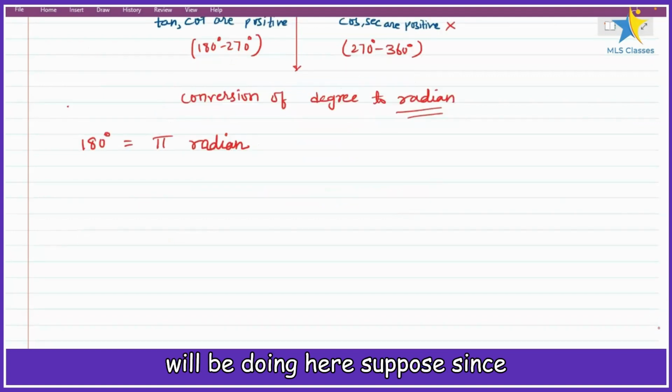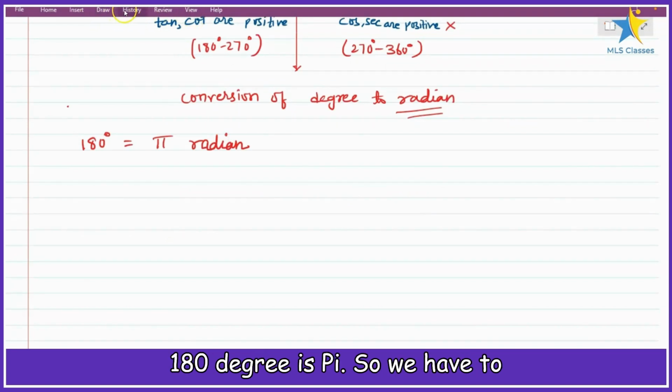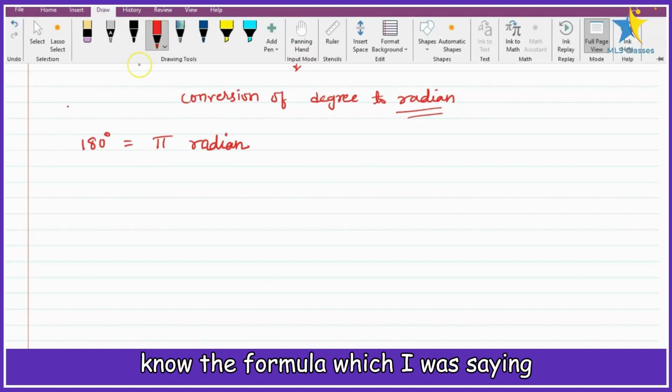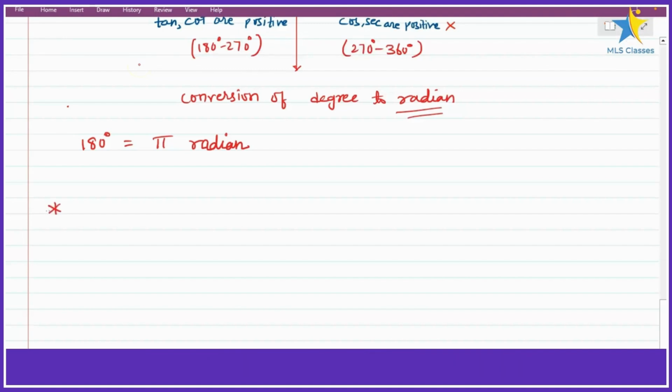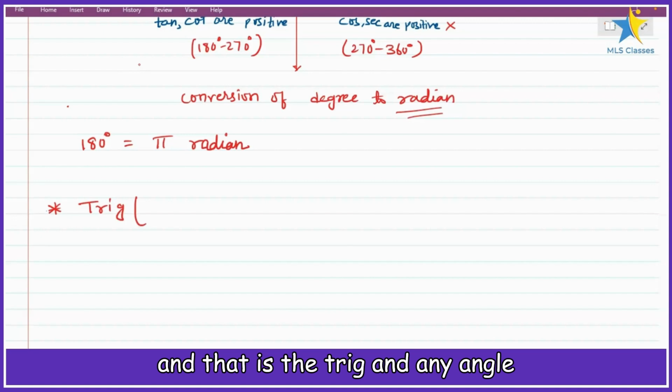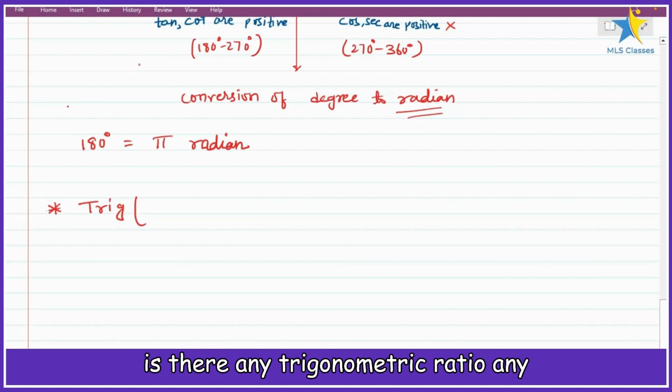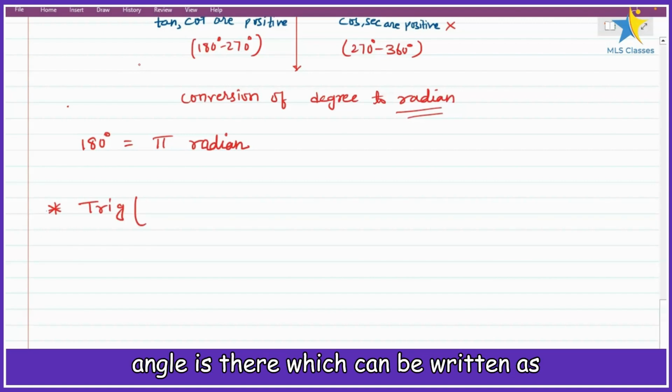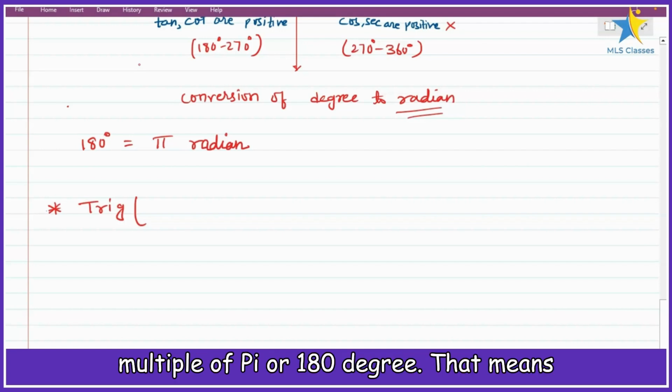So since 180 degree is pi, we have to know the formula which I was saying: any trigonometric ratio, any angle, can be written as a multiple of pi or 180 degree.